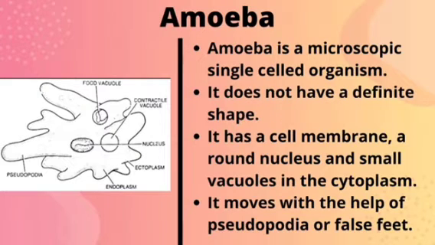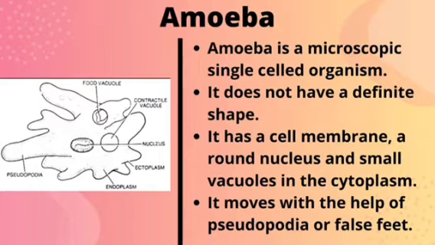You have learnt already that amoeba is a small microscopic organism made up of a single cell. Does it have a definite shape? No, amoeba does not have a definite shape. It has a cell membrane, and in the center you can see a round nucleus.